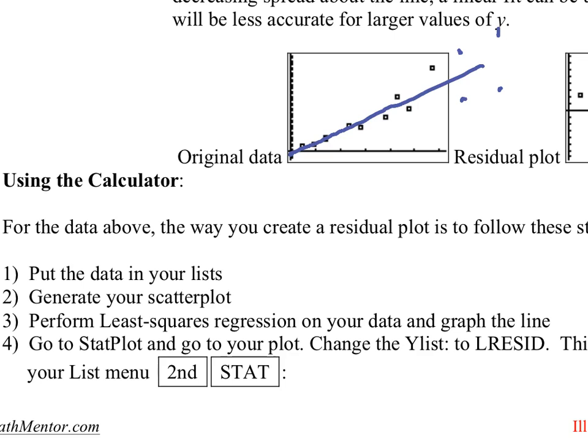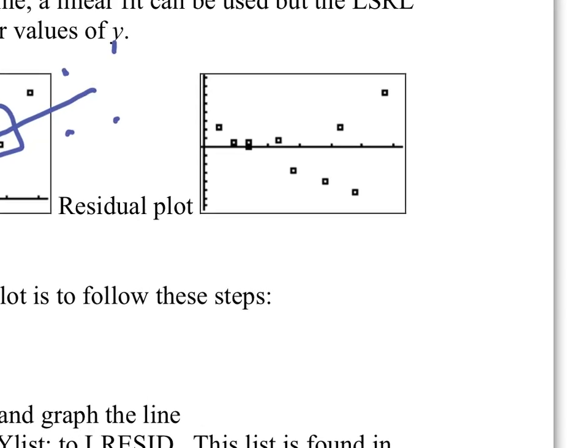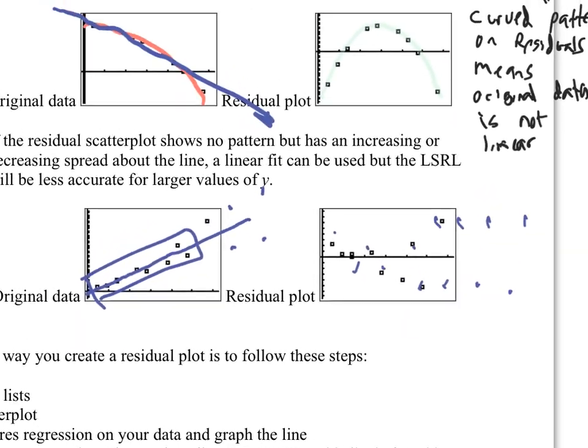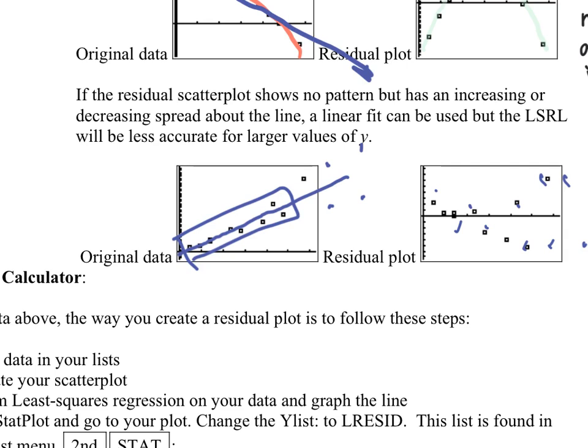So what that means is it is linear, but it's less accurate after you get past the beginning. Look at this residual plot. You can see it. There's a scatter, scatter, scatter. There's no pattern. But then all of a sudden, it's still scattered, but it's not very useful later on. And it's what it says.